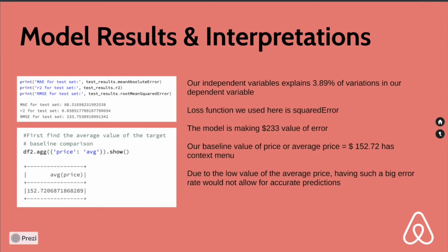This actually makes us think this is not a great performing model because of the error value that it is displaying. It has a wider range of error where the average price is much lower when compared to the error value.